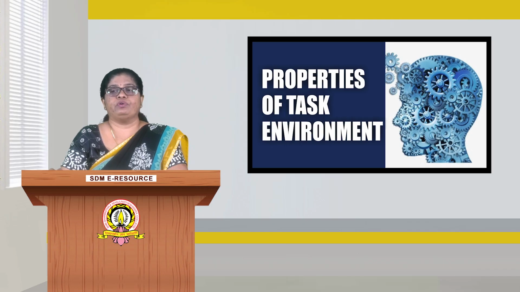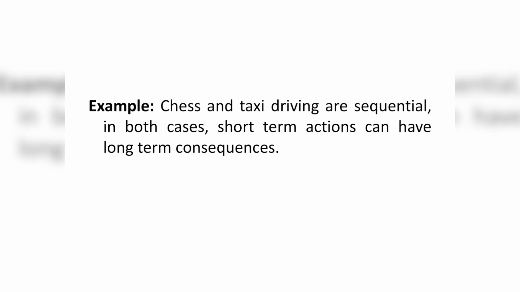The next episode does not depend on the actions taken in the previous episodes. Whereas in a sequential environment, we do not find episodes. So it performs actions sequentially, one after the other. For example, chess and taxi driving are sequential. In both cases, short-term actions can have long-term consequences.